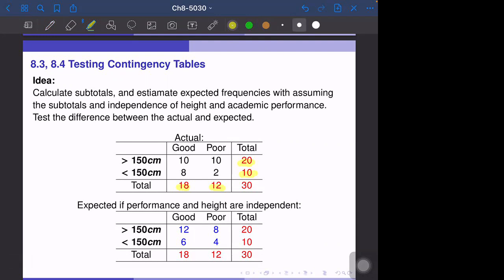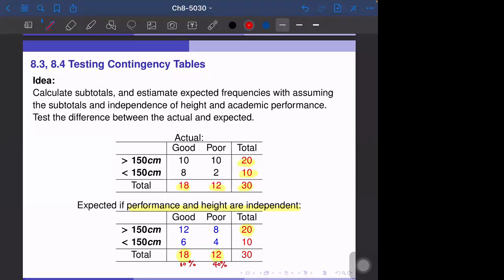Then we calculate the expected number of observations when height and academic performance are independent. You can see, for example, for more than 150 centimeters we have in total 20 students, and the proportion of good and poor is 18 to 12, that is 60% to 40%.